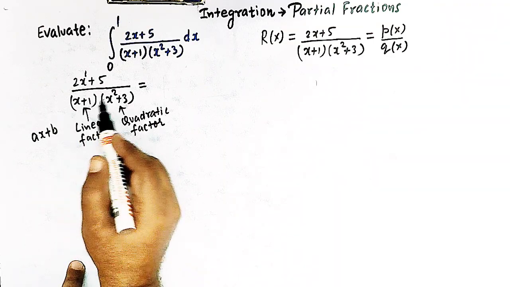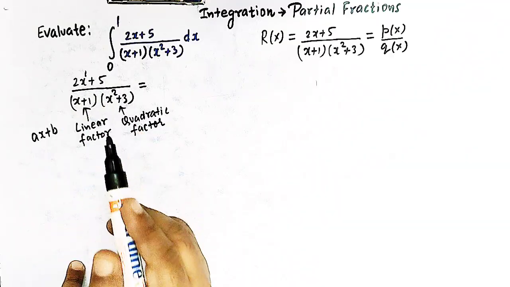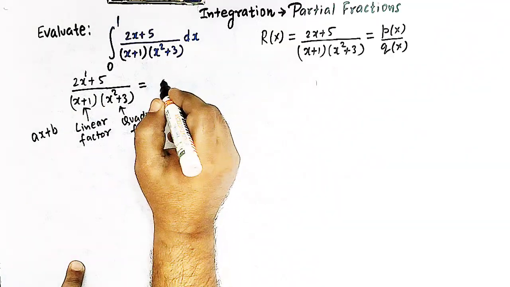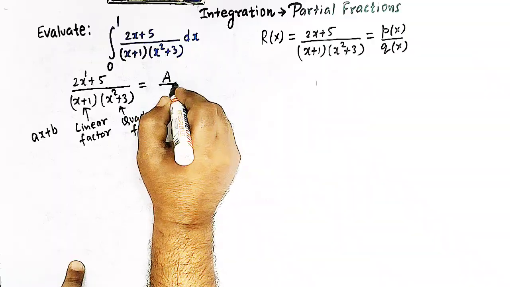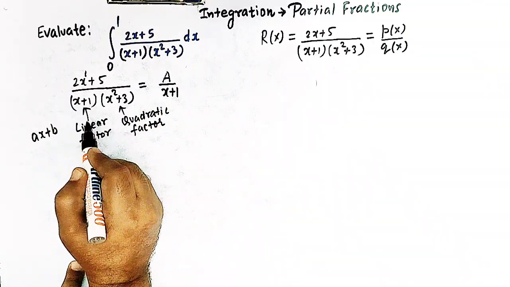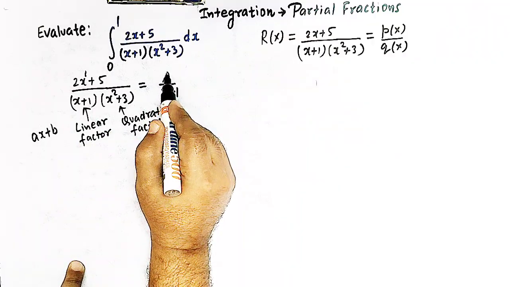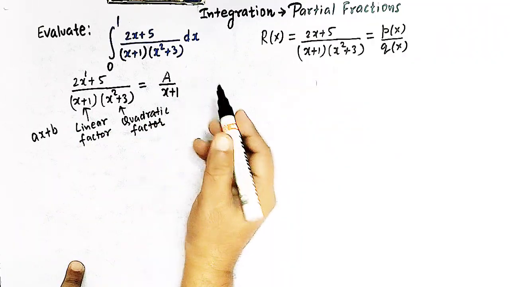So whenever we have a rational function of this type, the partial fractions can be written as a over x plus 1. Here we have the linear factor x plus 1, so we have the constant a over x plus 1.